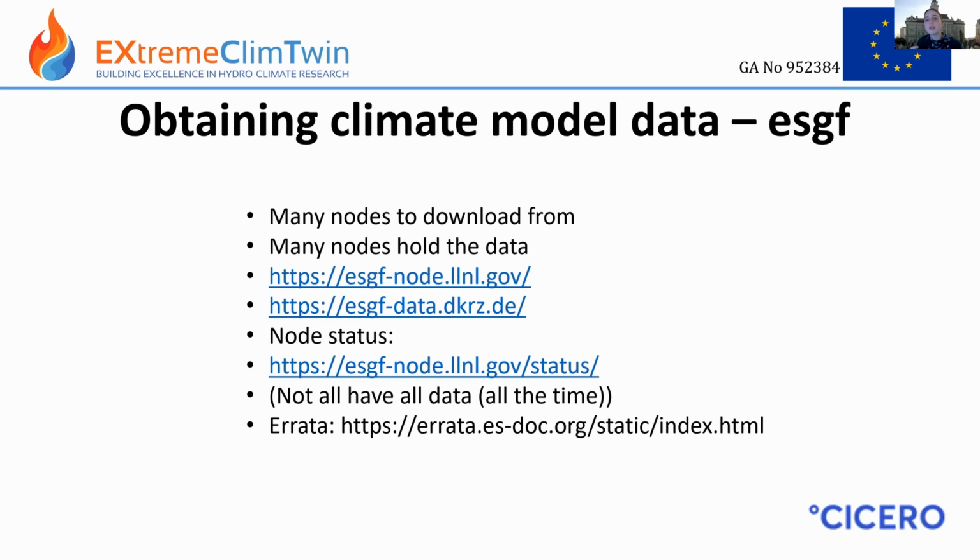And that also means that the data that you find on ESGF is updated every so often. So it's a good practice to keep track of the version number for the file that you have and state in your research which version numbers you used, or at least make it possible to find out which version numbers you used.